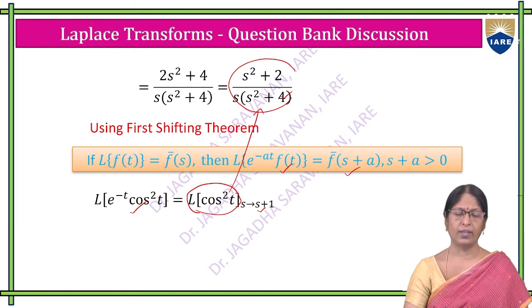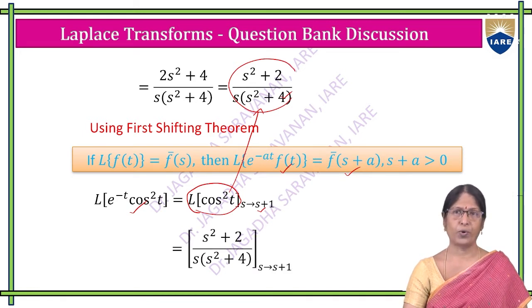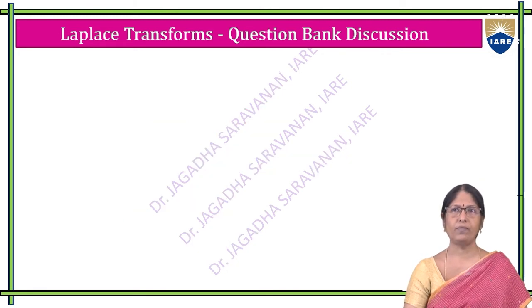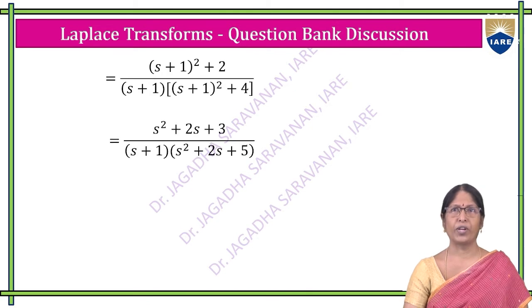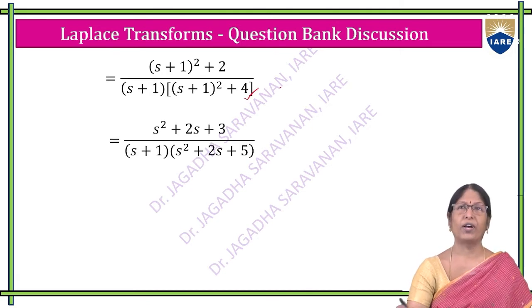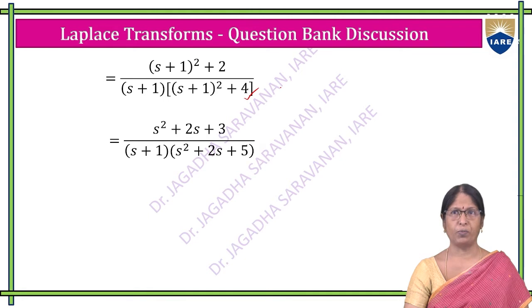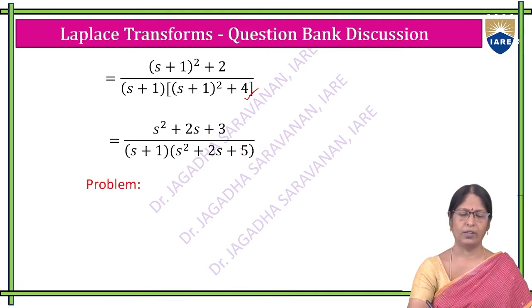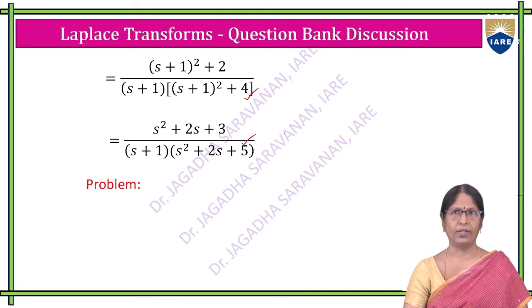Suppose in this place plus 1 were there, then s minus 1 would be written here. Now in our problem, wherever s is there, we replace it by s plus 1, and then simplifications are to be done.